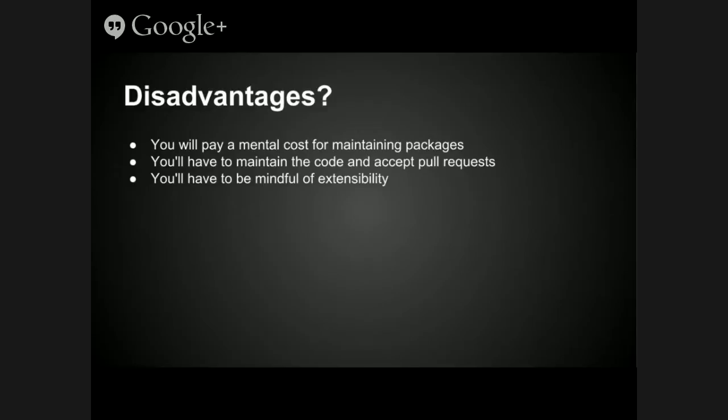So you have to be mindful that in your code design, you support extensibility or event hooks or callbacks or any of these kinds of things. It's not necessarily mandatory, but if you're building a library that you want people to reuse, these things are important. Without visibility of the code, people won't use it.